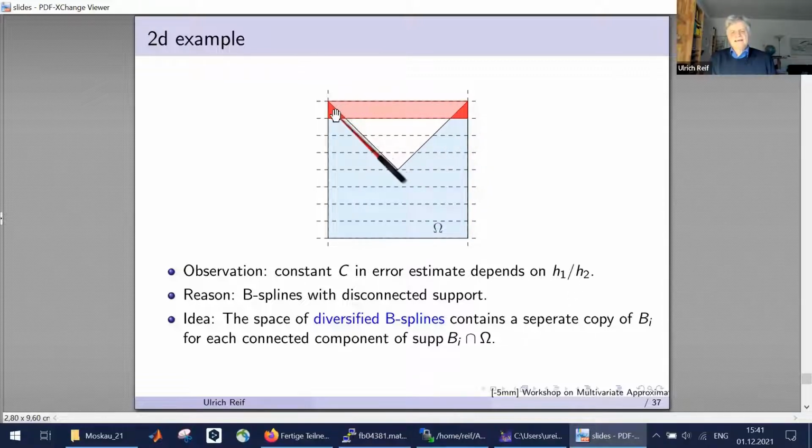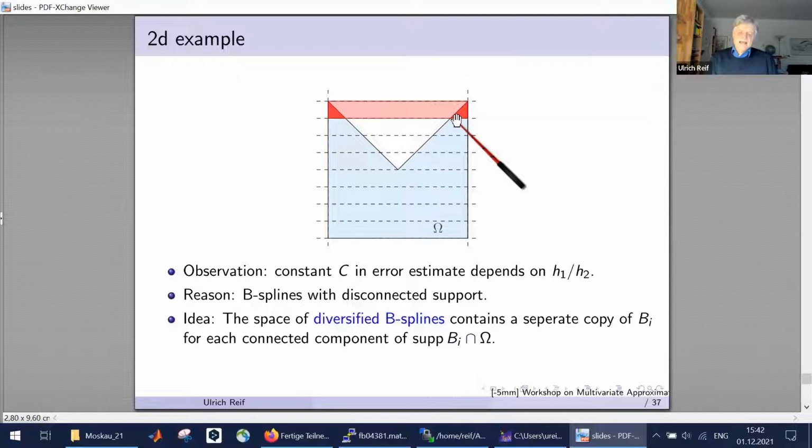But the relevant parts are disconnected. So, for instance, the value of the given function could be 0 here and 1 here, and this one B-spline cannot take good care of both parts of this function.